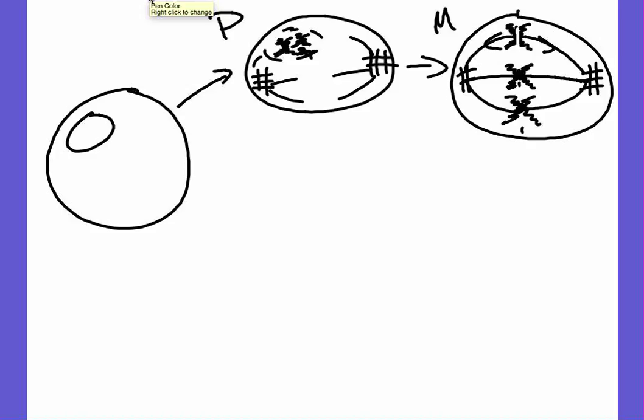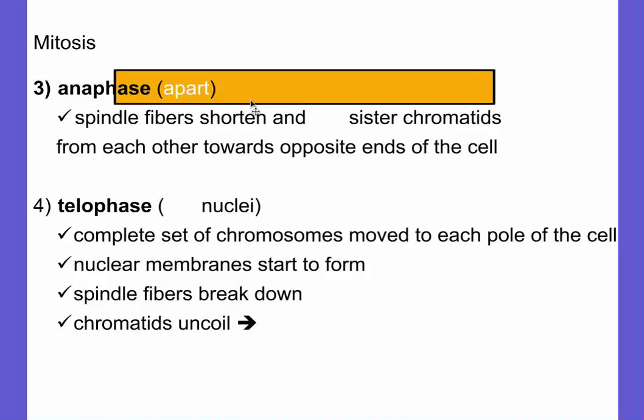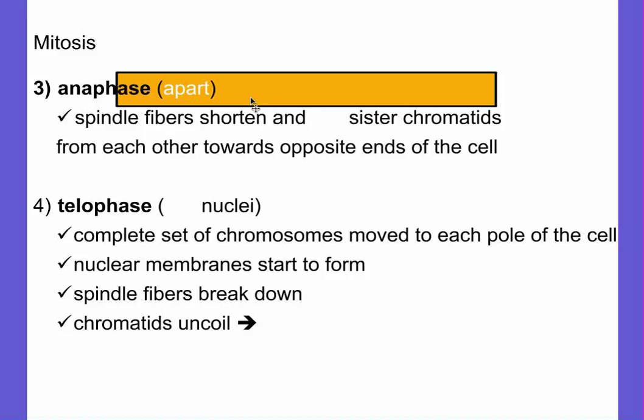After metaphase, we have anaphase. Anaphase is when you're going to take those sister chromatids and separate them, pull them apart to opposite ends of the cell. So my keyword here is apart.